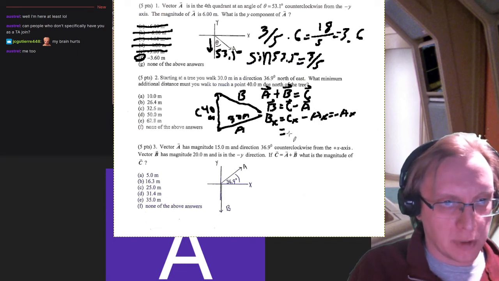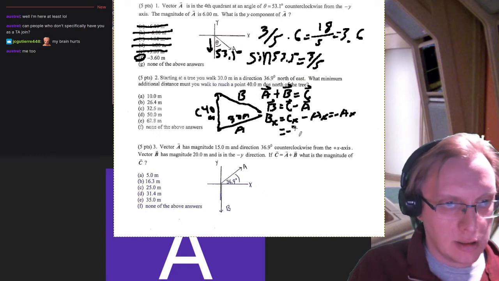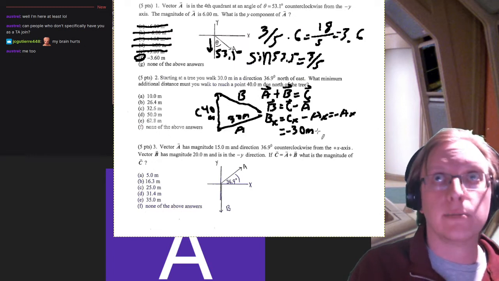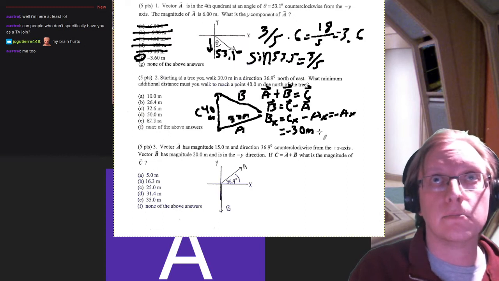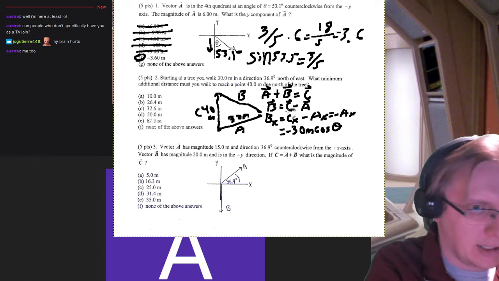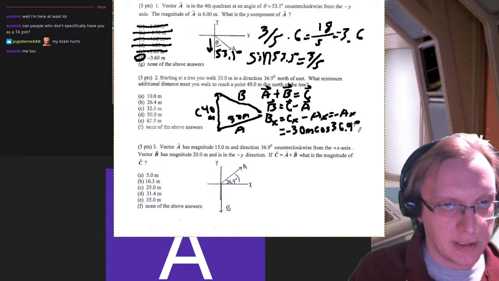So then we end up with minus 30 meters, and that's cosine theta, the theta provided, which is 36.9 degrees.